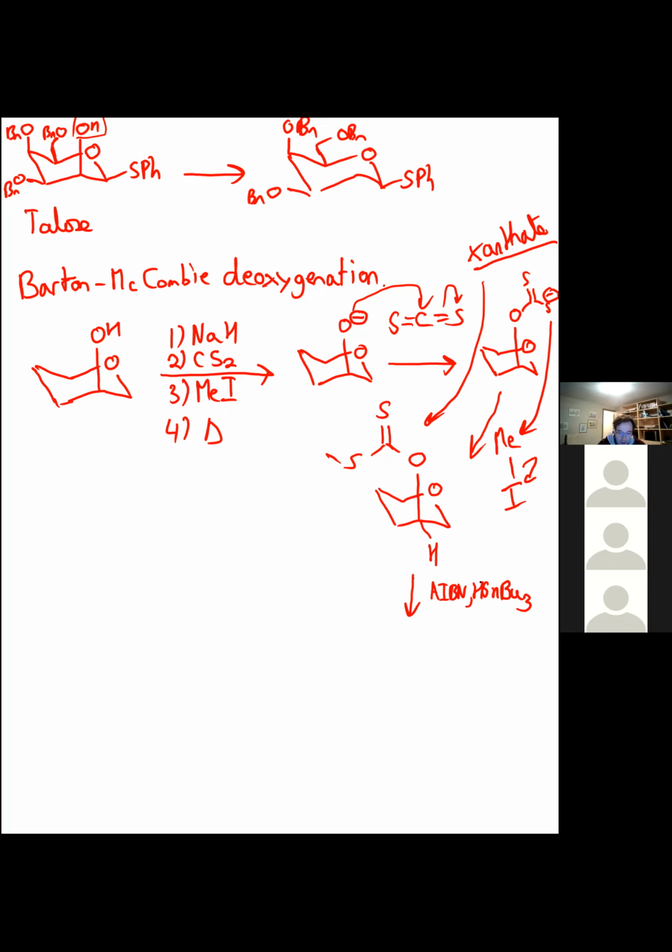So what happens here is we generate our AIBN radical. I'm going to actually flip to a new page and give myself lots and lots of space. That's a tin. I'm just going to draw out the xanthate.